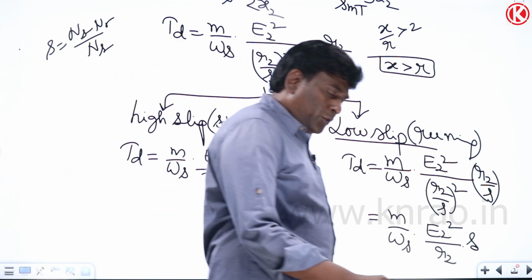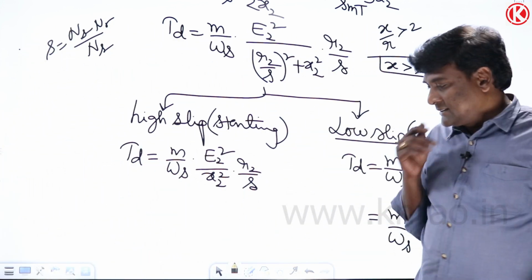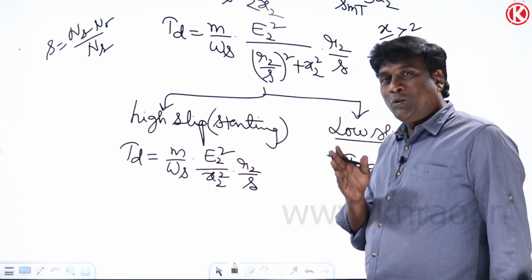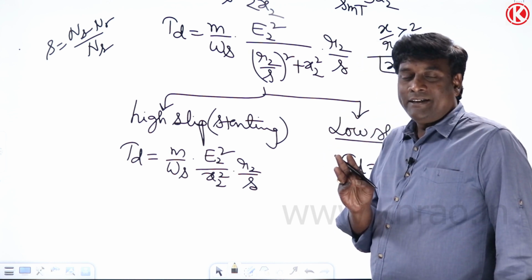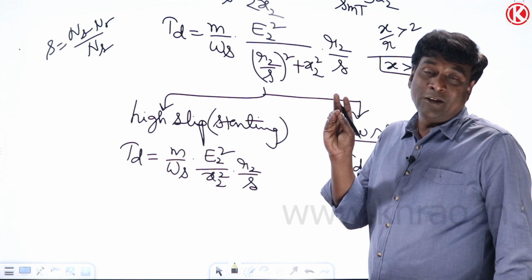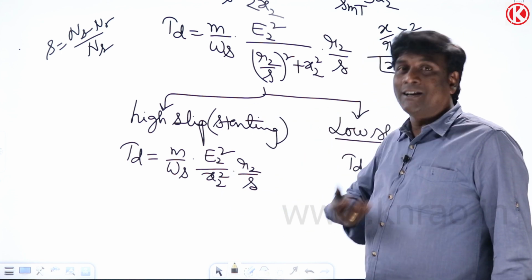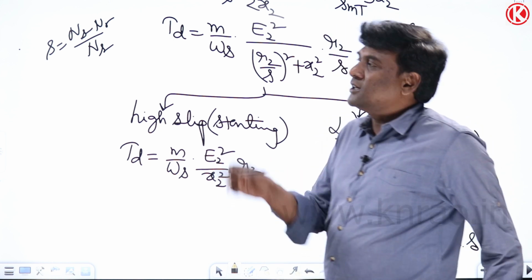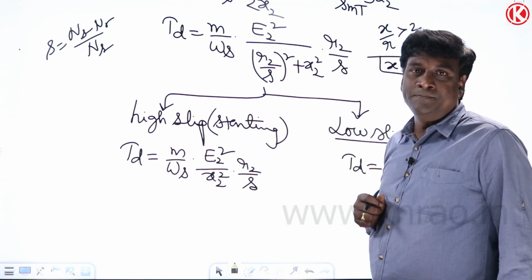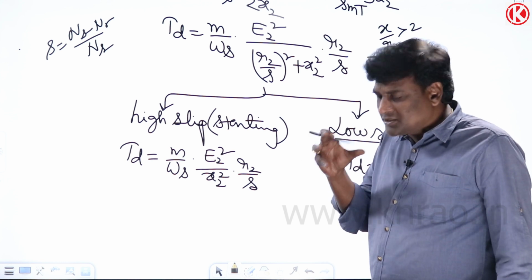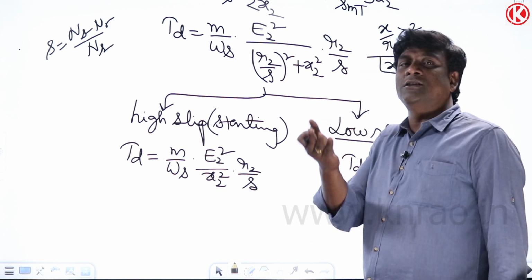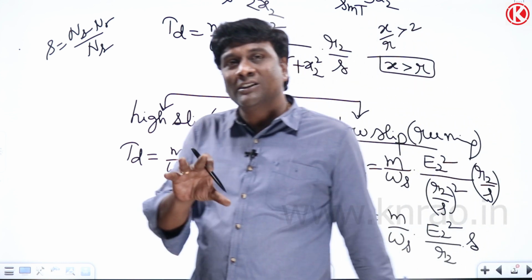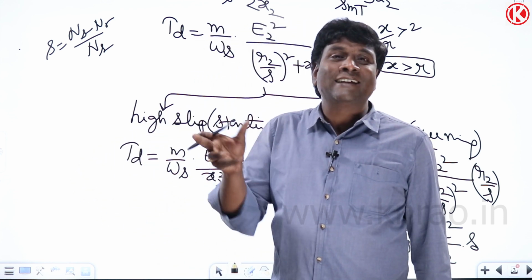Now here one thing we have to decide: they can ask only starting torque, they can ask peak torque, but they cannot ask during starting condition, because during starting conditions it's a transient period. For example, the moment you start an induction motor, at that instant, just about to start, how much is the torque developed, anybody can ask. But after that, it will be accelerated.